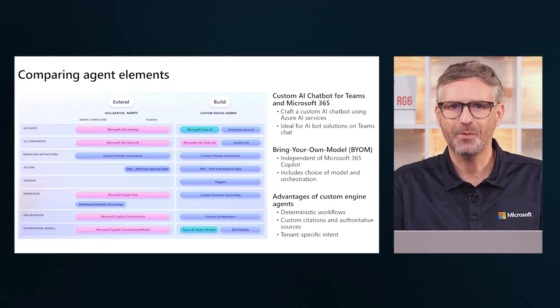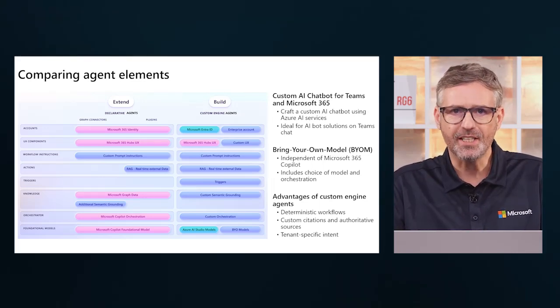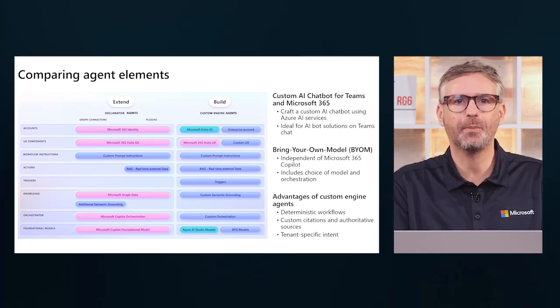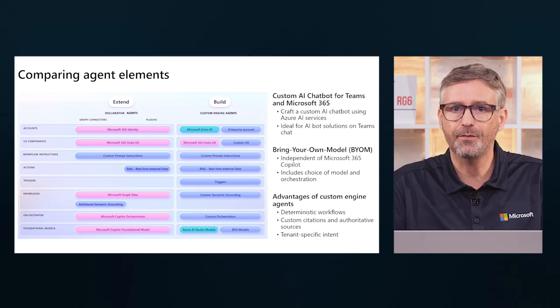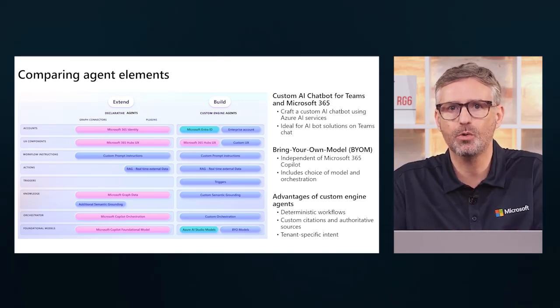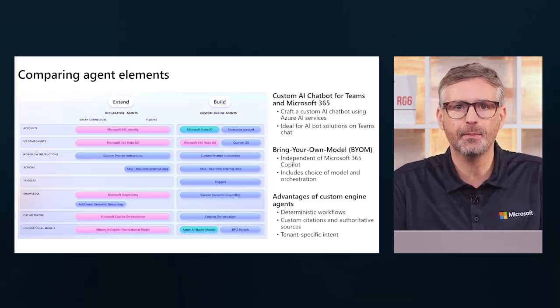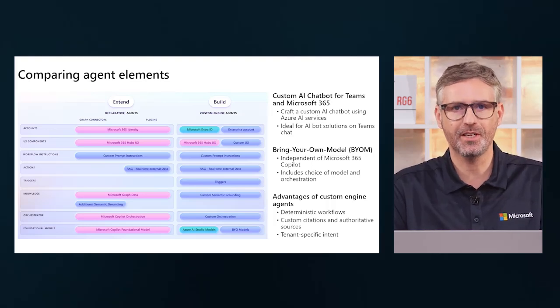But maybe, for some reasons, declarative agents are not enough to meet your needs. But no worries, because with Azure AI services, you can craft a custom AI chatbot for Teams and Microsoft 365 applications. If you are seeking a custom bot solution on Teams chat, then building your own agents is the perfect fit for you. Custom engine agents are based on the bring your own model premise.